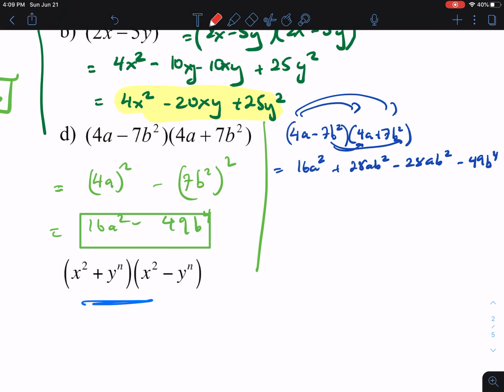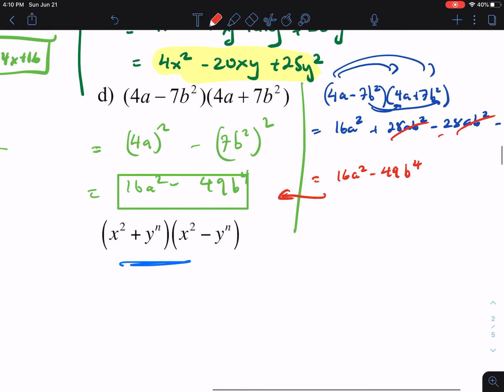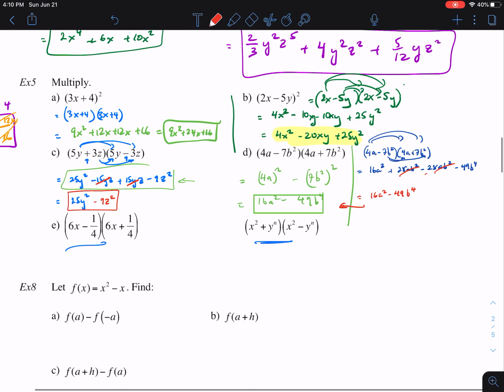So the middle terms cancel out again, and we have an answer of 16a squared minus 49b to the 4th. So we were right. If we multiply two of the same binomial with just the opposite sign in the middle, we end up with the square of the first term minus the square of the second term.